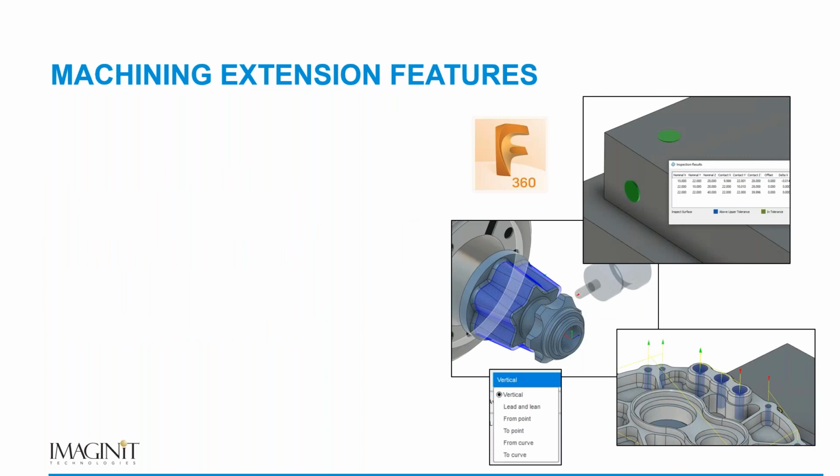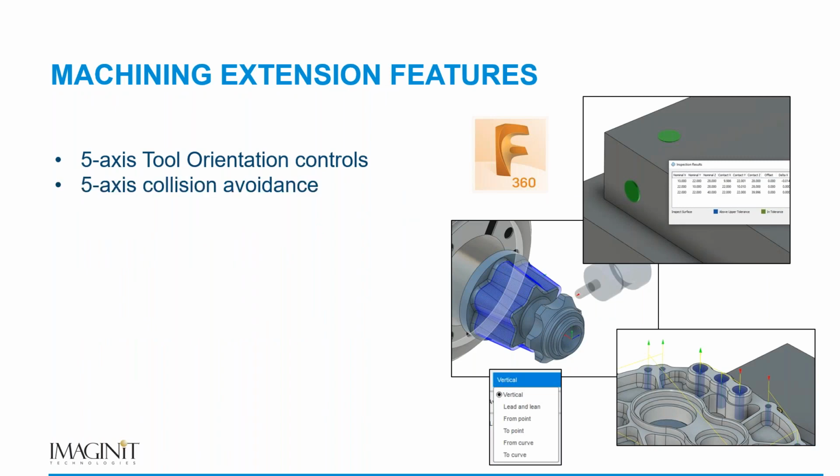So let's talk through the machining extension features. There is a lot that you get with this purchase. First off, there's a couple of 5-axis features you gain. These are actually integrated from PowerMill. So if anyone's familiar with Autodesk PowerMill, as well as Autodesk FeatureCAM, these additional extension features are actually borrowed from PowerMill and from FeatureCAM, and then integrated into Fusion 360.